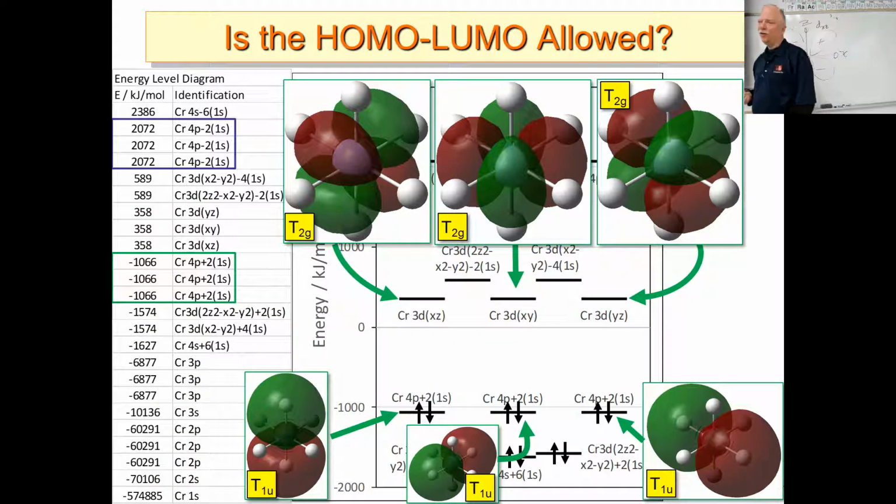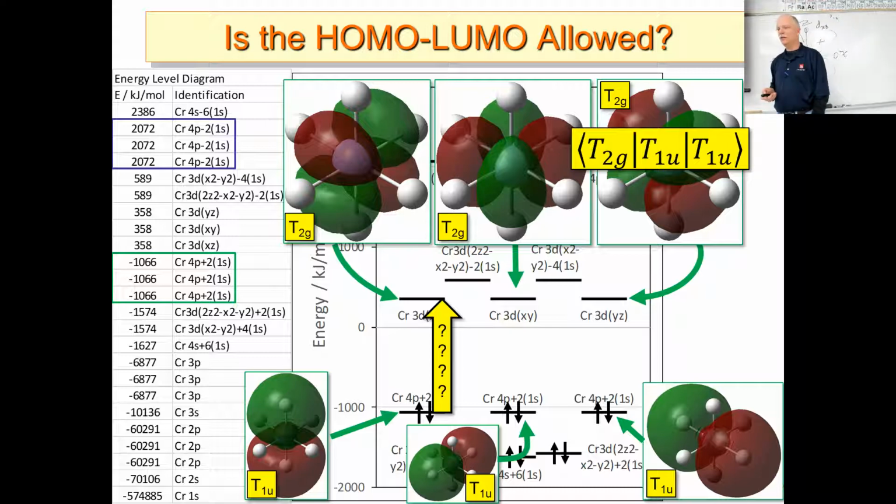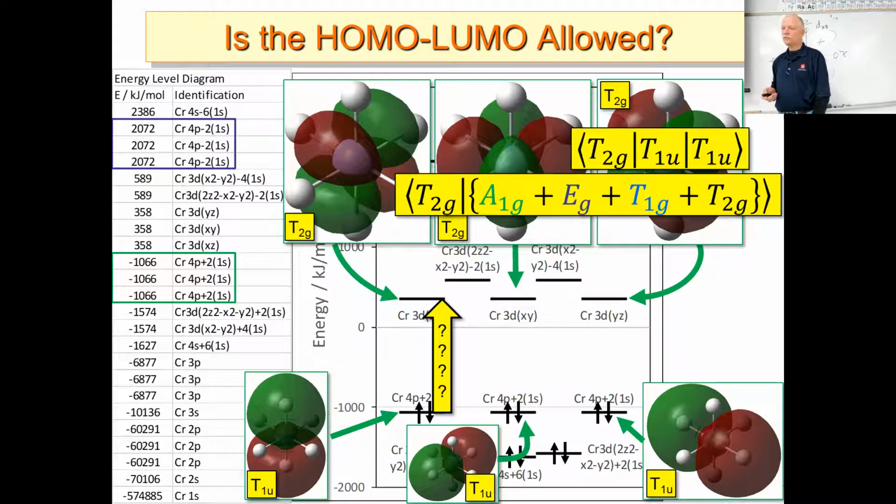Now what about the HOMO to LUMO transition? We have those 4p orbitals, and could they go to the d orbitals, dxz, dxy, and dzy? So here's our transition moment integral. The p orbitals are T1u, light is T1u, and the d orbitals are T2g. I had to color code this one because it's a big mess. We've got a huge set of results from the first multiplication.